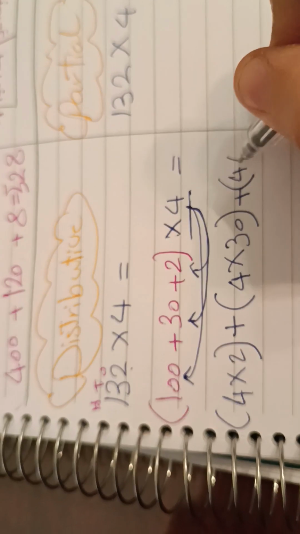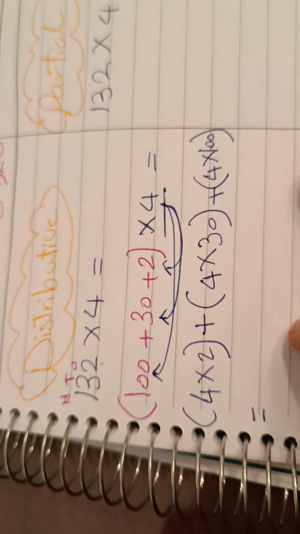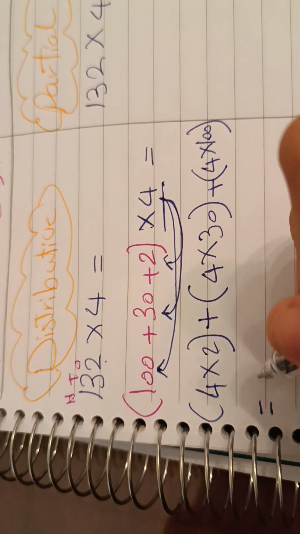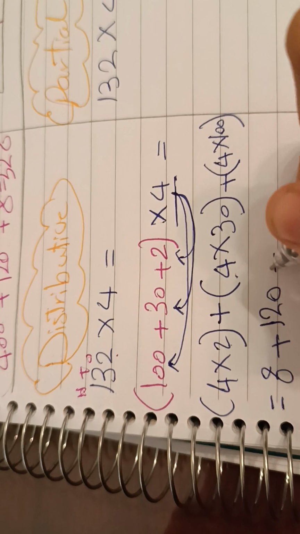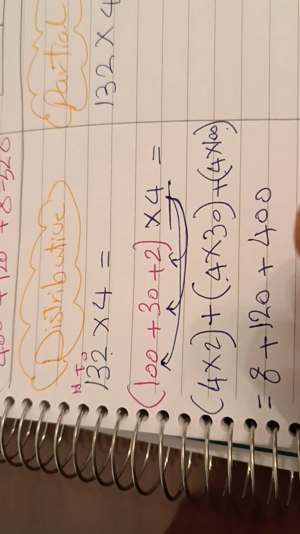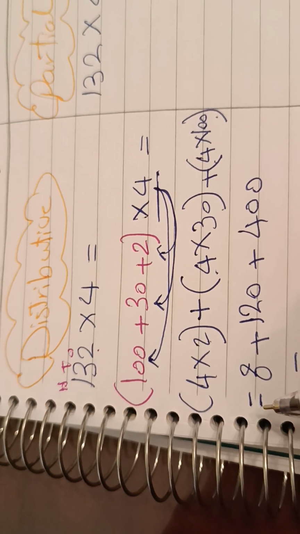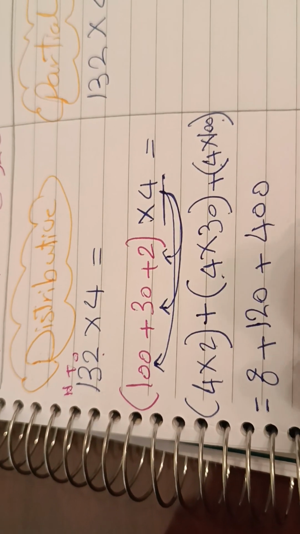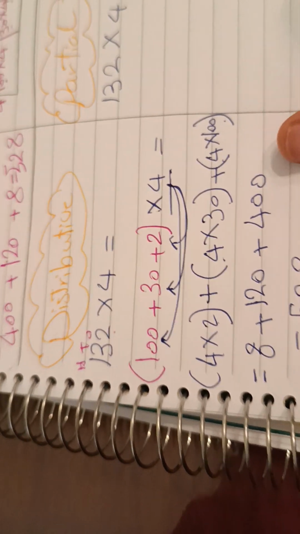I have here 4 by 100. Then let's add: 4 by 2 equals 8, plus 4 by 30 equals 120, plus 4 by 100 equals 400. Adding the three addends, it will equal 528.